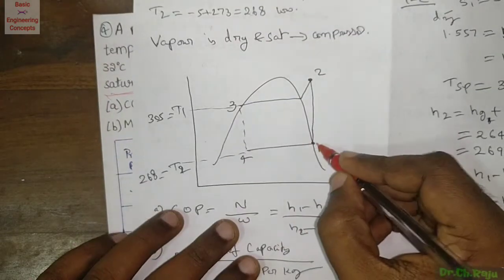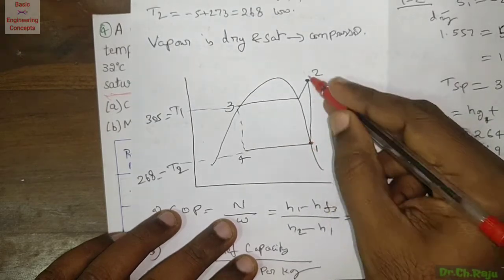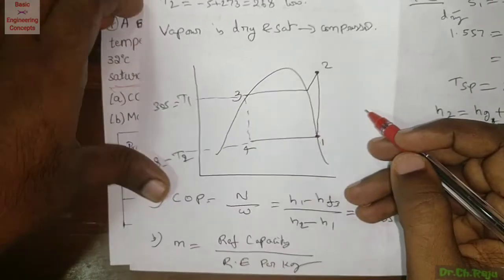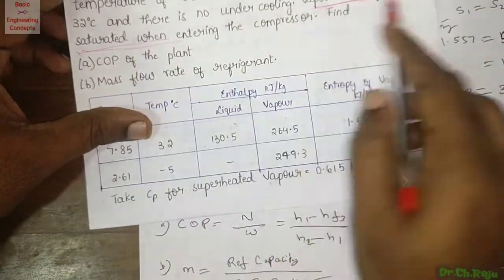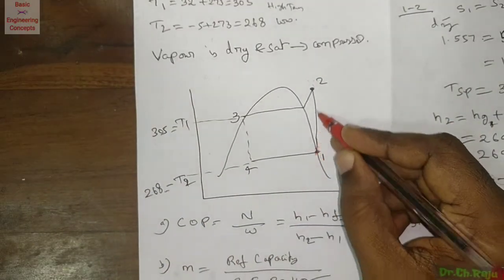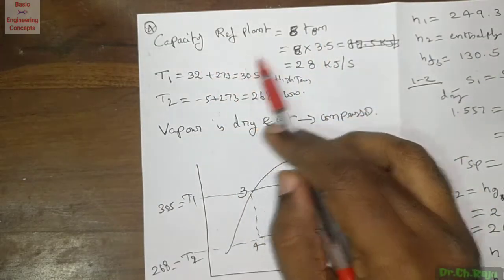Process 1 to 2 is the compression process, and it is given that the vapor is dry and saturated when entering the compressor. It is an 8 ton refrigeration plant.